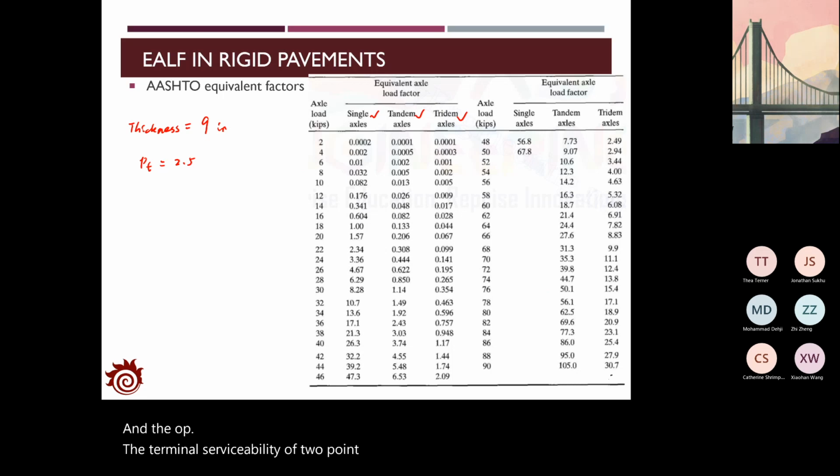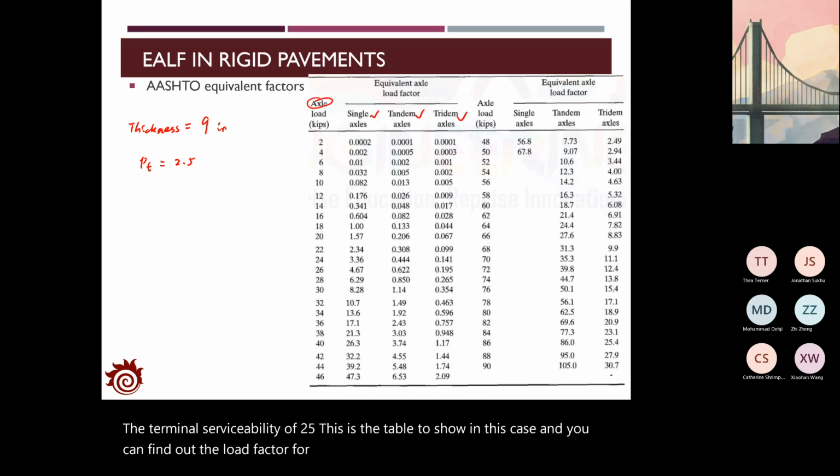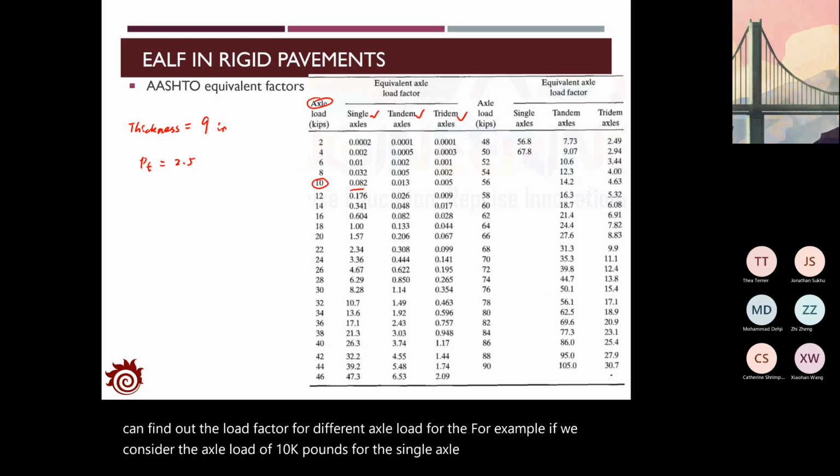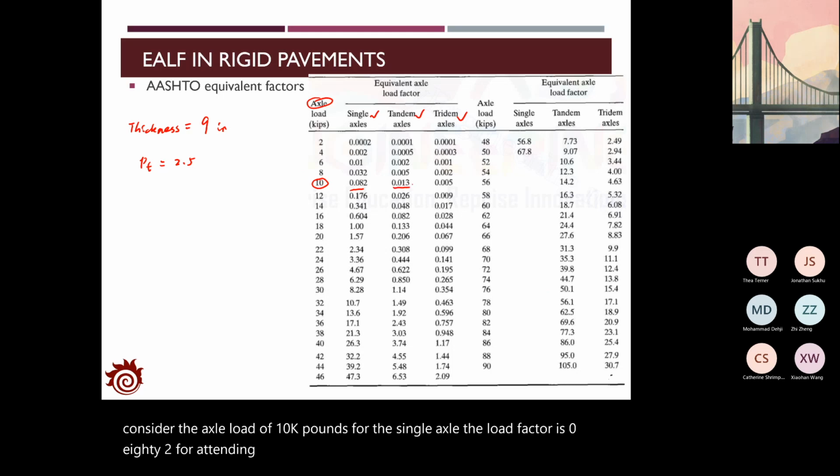This is the table for this case, and you can find the load factor for different axle loads. For example, if we consider an axle load of 10 kilopounds for the single axle, the load factor is 0.082. For the tandem, it's 0.018, and for trident, it's 0.005.